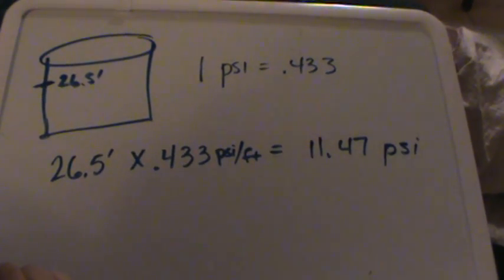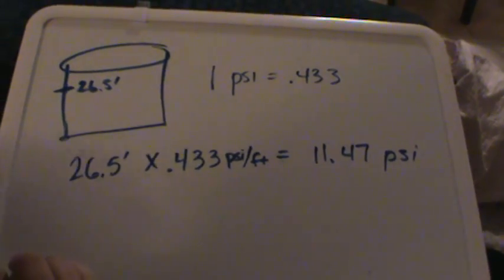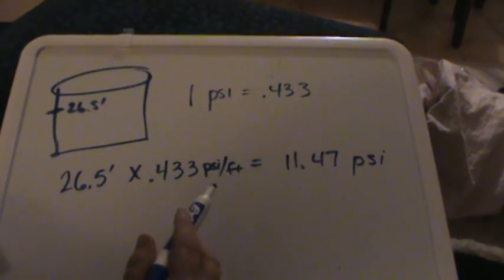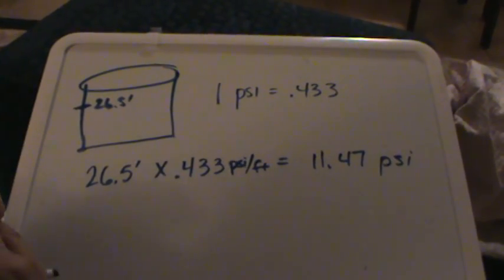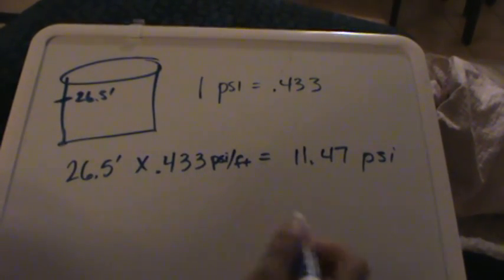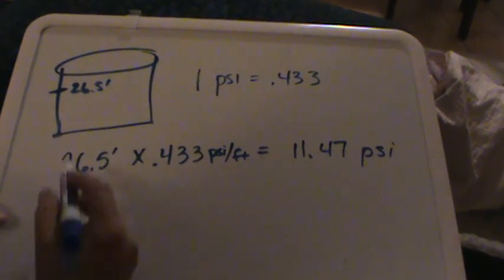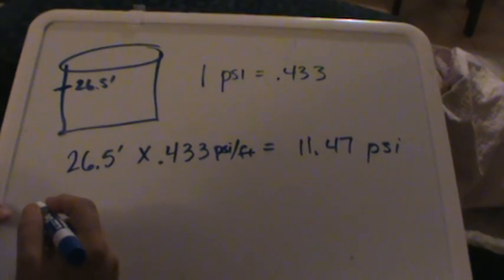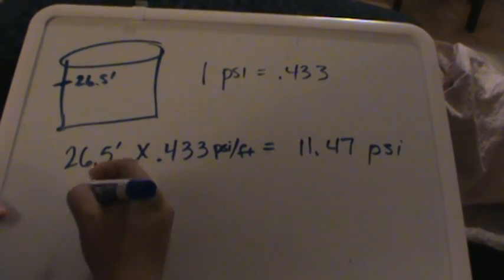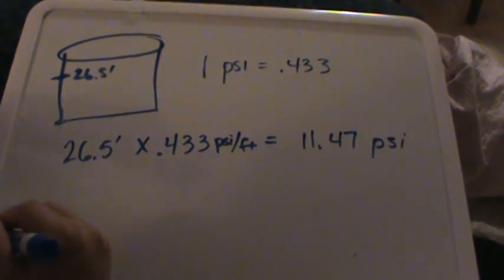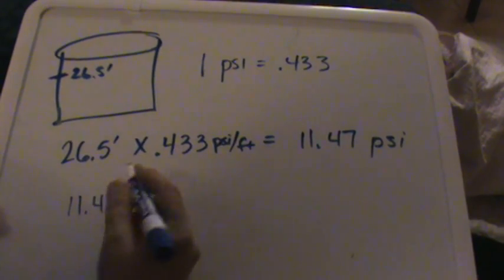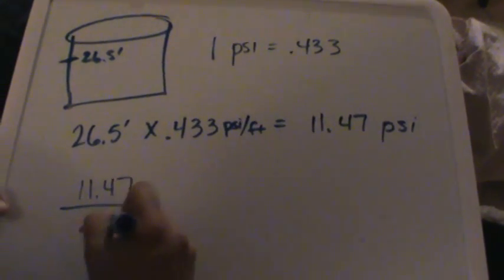So this is the way I like to look at it. If the question asks me to calculate the PSI, I know that I'm always going to multiply by 0.433. If they give me feet, they tell me how tall something is, then it's always going to be multiplied by 0.433. Now if they say the pressure down here is 11.47, we can figure that out as well. I want to find out what the water level is. So I could take 11.47 and divide it by 0.433.